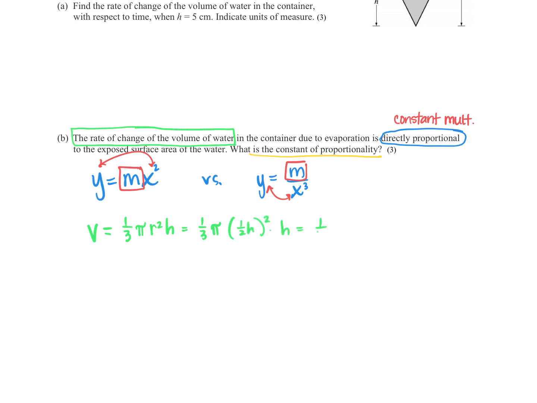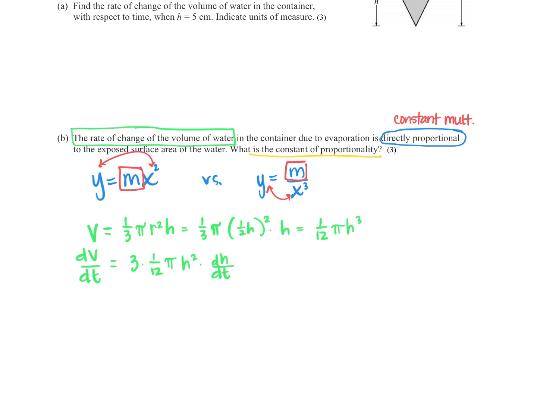In other words, 1/12 of pi h cubed. So we pulled that from part A. Now we're asking about the rate of change. So the rate of change is dV/dt, and that would equal 3 times 1/12 of pi times h squared times dh/dt. That's what we have for the rate of change of the volume of water.